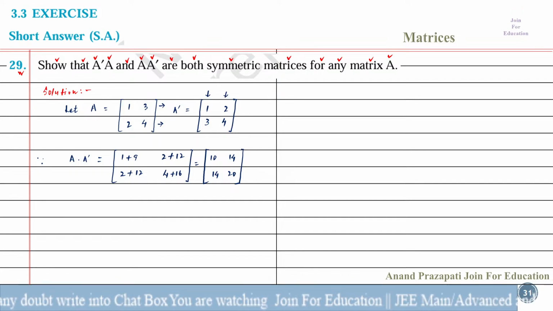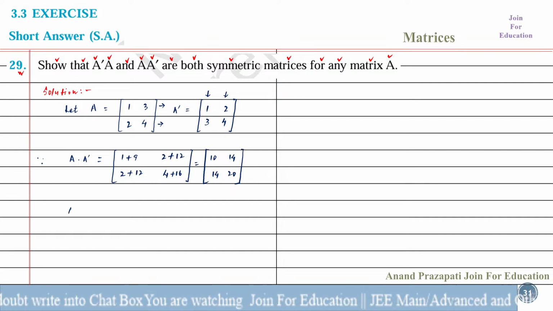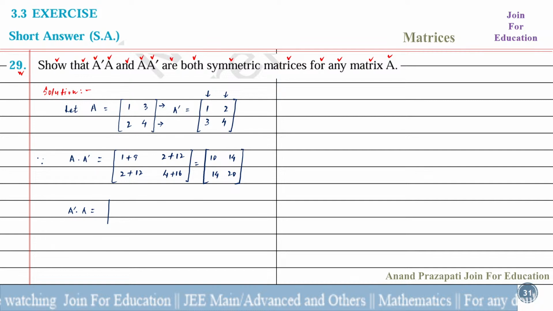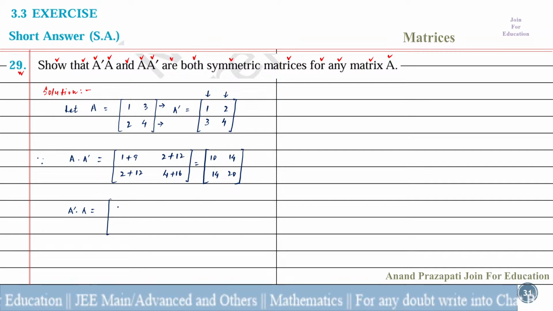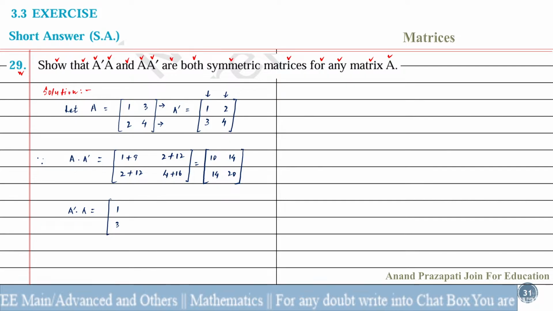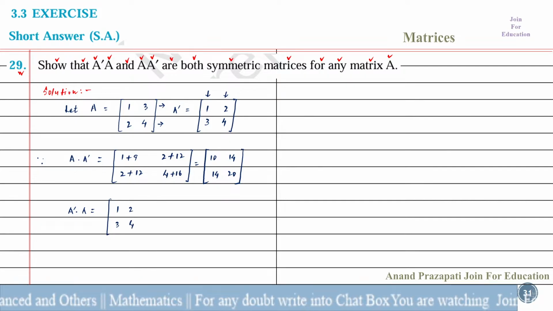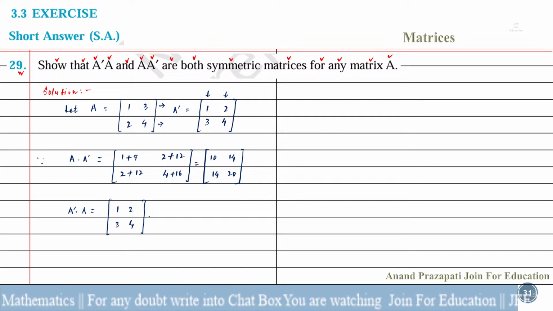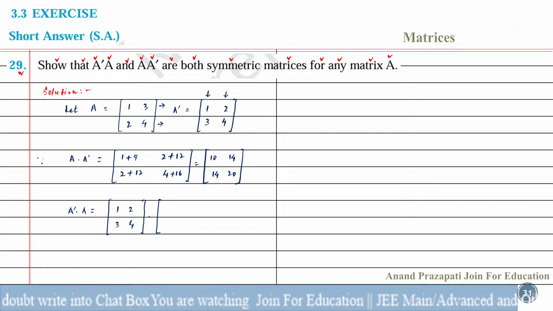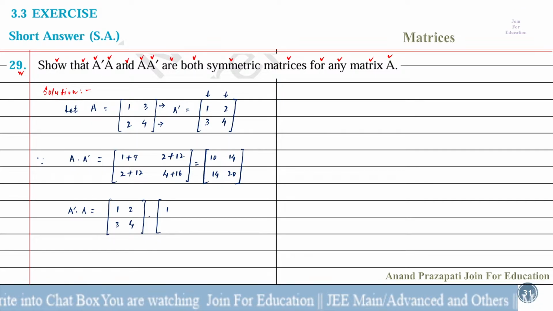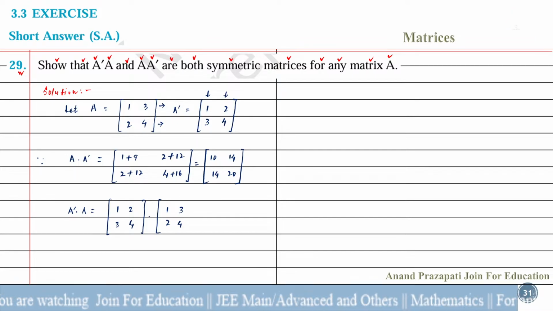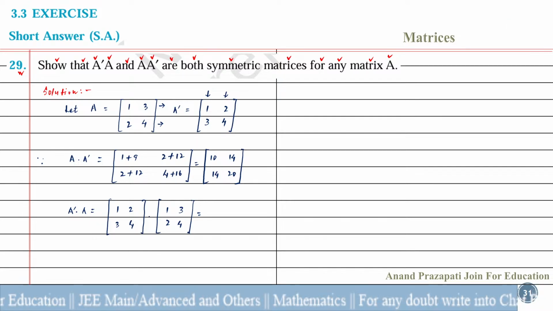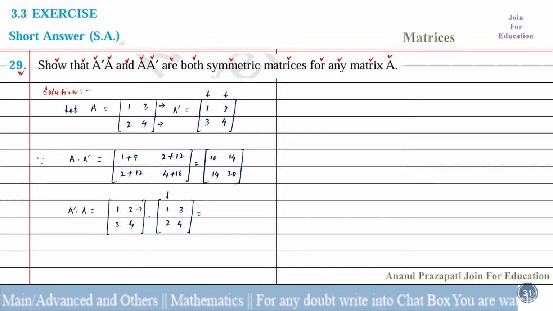Now we find out transpose of A into A. So we write down the transpose of A: 1, 3, 2, 4 into A, which is 1, 2, 3, 4. Therefore, the product of this one will be 1, 2 multiplied by the corresponding element of 1, 2.